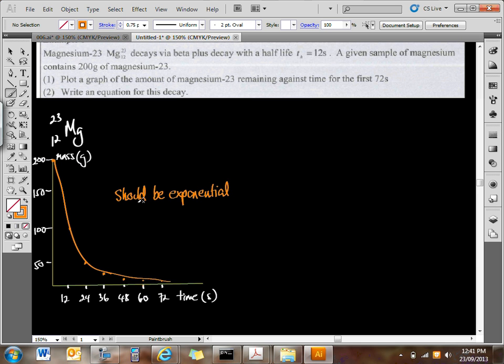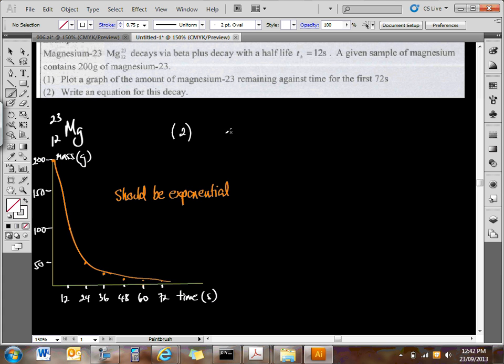One thing I will do is go back and check to make sure I've answered that question, because I've spent a bit of time on this, getting carried away with the things that I know. Now I'll just go back and say, plot a graph of the amount of magnesium-23 remaining against time for the first 72 seconds. I have answered that question.